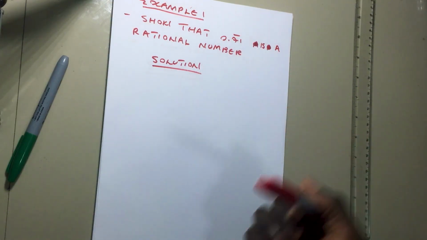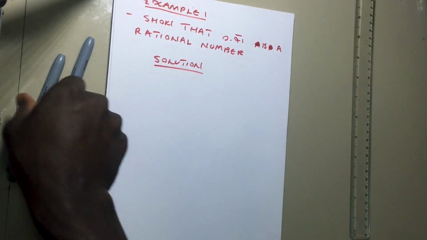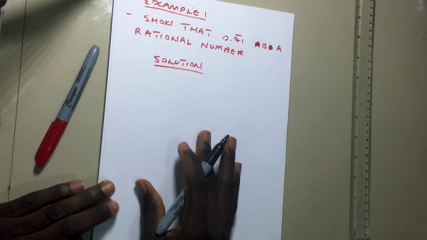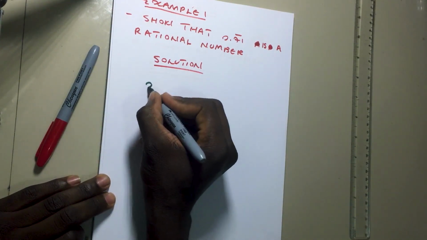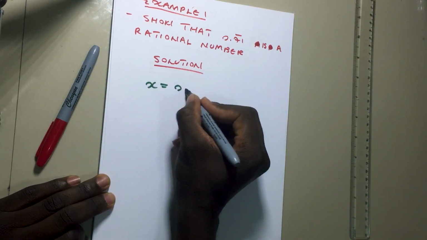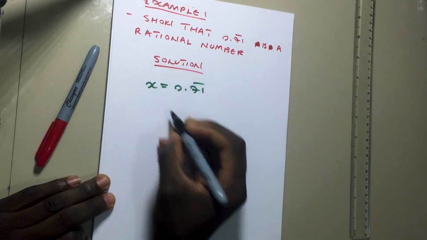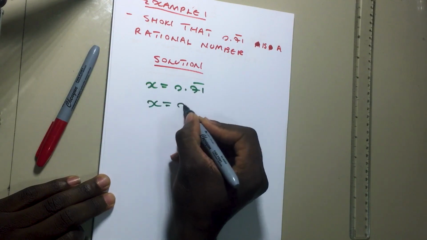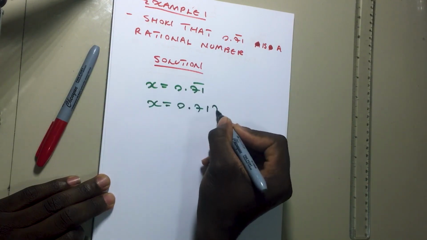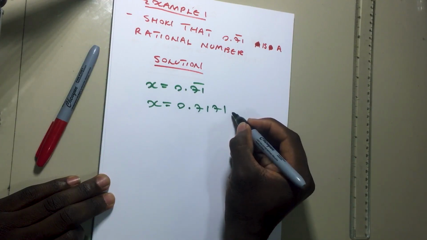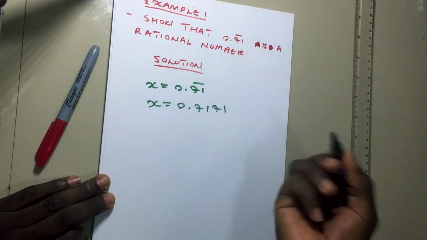I'm going to illustrate further as we solve this example, using my green marker to differentiate the two. We're going to say x equals 0.71 with the bar on top. To illustrate what the bar means, x equals 0.7171.